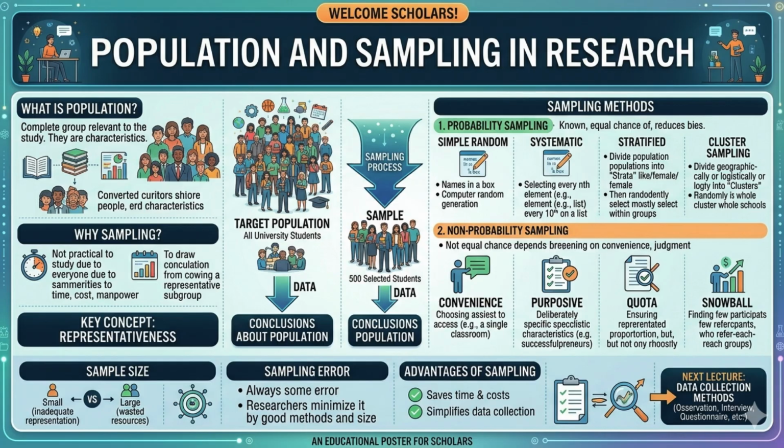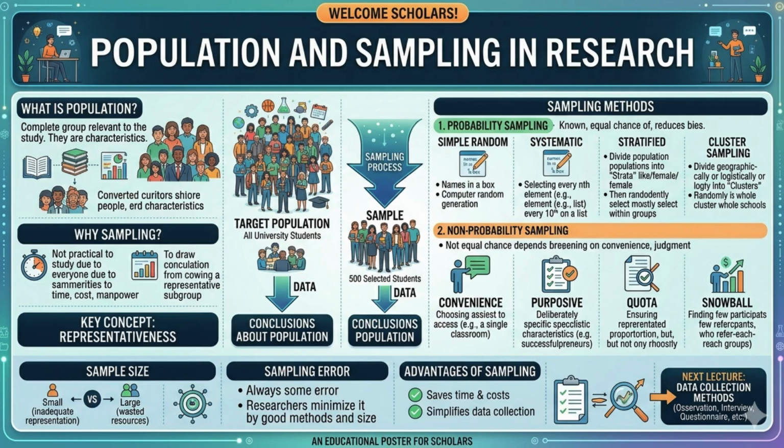If the sample is properly selected, the findings can provide a reliable picture of the entire student population. The process of selecting a sample from a population is known as sampling. Effective sampling allows researchers to save time, reduce costs, and conduct research efficiently while still obtaining meaningful and reliable results.